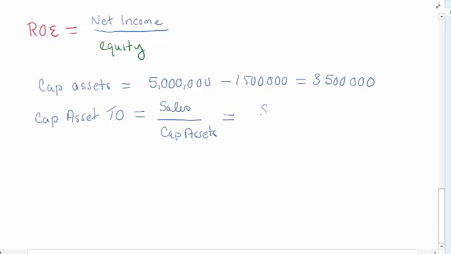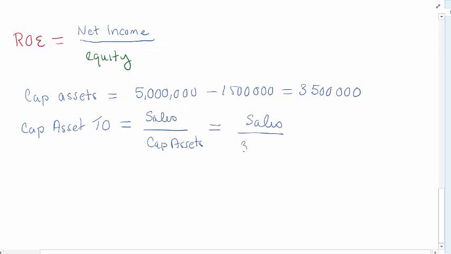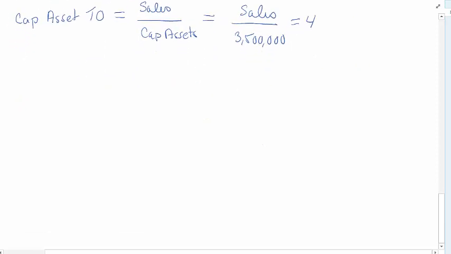So that's going to be equal to our sales over our capital assets, which we now know are $3.5 million. And that's going to be equal to 4. So in other words, our sales are going to be equal to 4 times $3.5 million. So that's going to give us $14 million in sales.